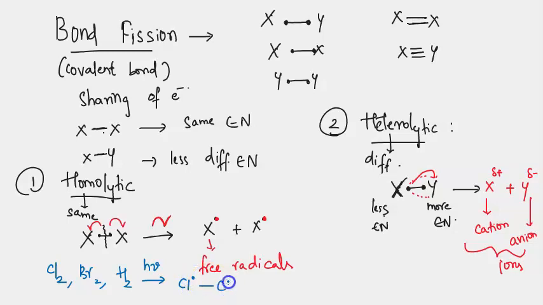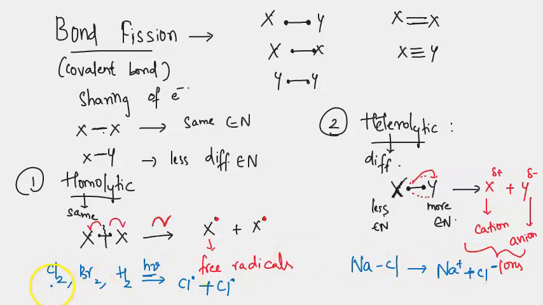To form the free radicals, it needs a lot of energy, so we require sunlight. In case of heterolytic fission, the energy required is less compared to that of homolytic fission.